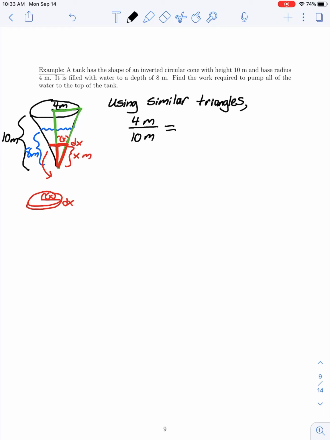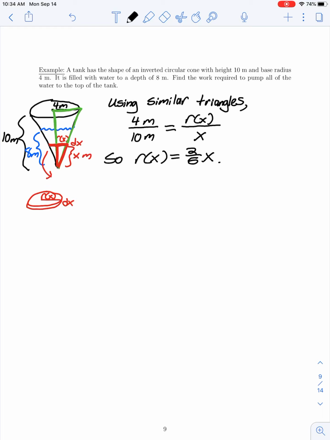And that ratio of the base to the height for my larger triangle must be the same ratio for the smaller triangle since they're similar triangles. That is, they have the same angle measures. So the base for my smaller triangle was this r of x function, my radius, and the height of that little triangle is what we were calling x, the distance from the bottom of the tank up to our slab. So solving for r of x, we would have 4/10, which is the same as 2/5, times x.